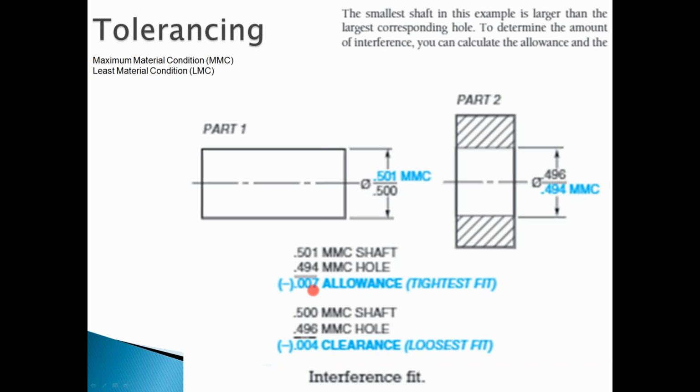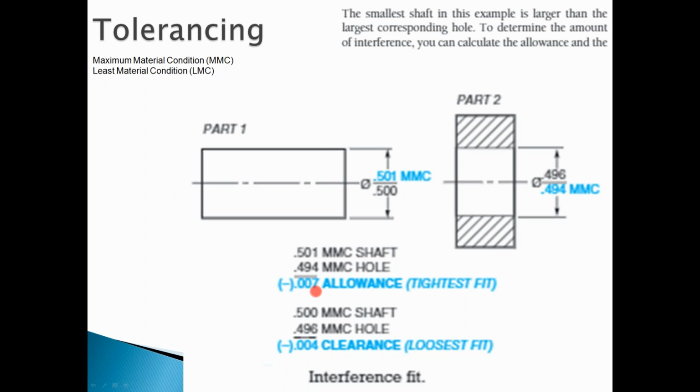For the clearance it is 0.5 minus 0.496, which gives you 0.004. That is the clearance for this shaft to be inserted into this hole.